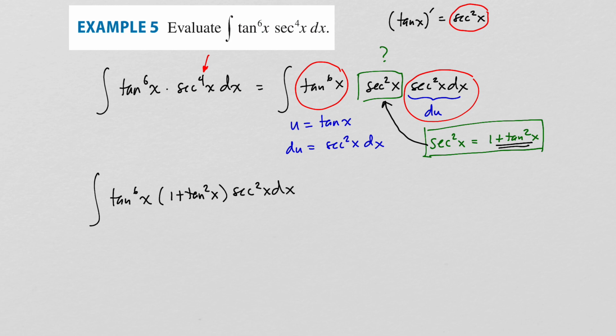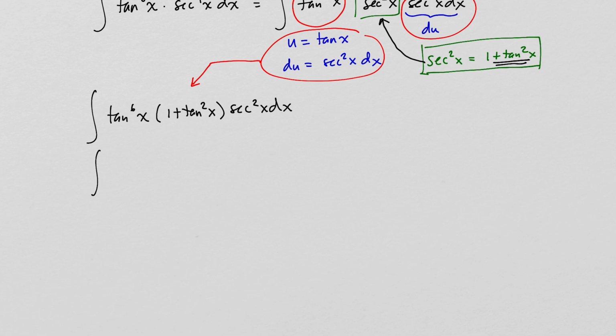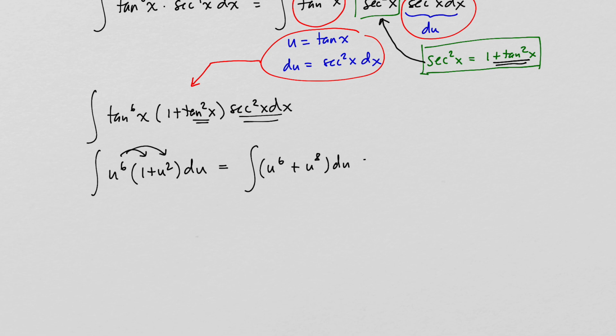Now this substitution that I have right here works perfectly. So if u is tangent, we have u to the 6th. If u is tangent here, we have 1 plus u squared. And then du is secant squared of x dx. And now we are simply integrating a polynomial. So we'll multiply this out first. And then we'll take the antiderivative.